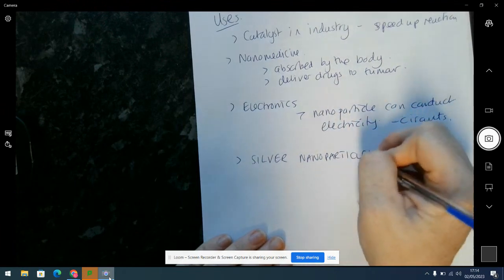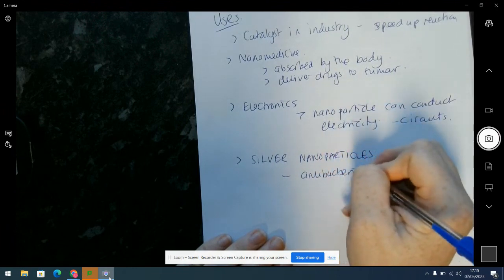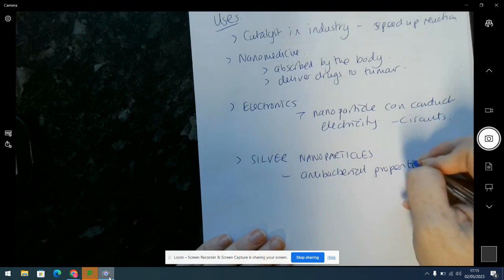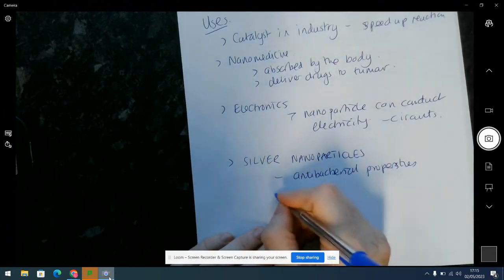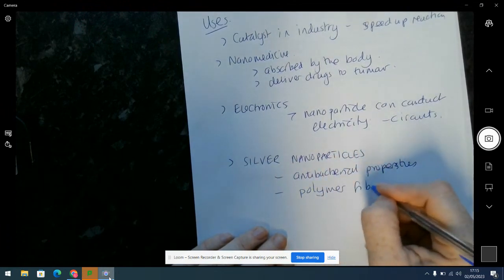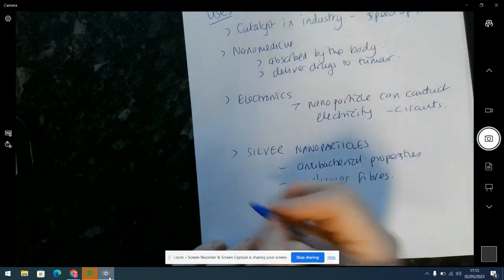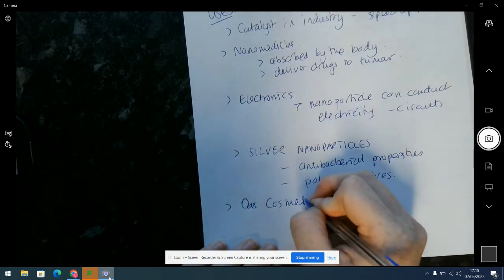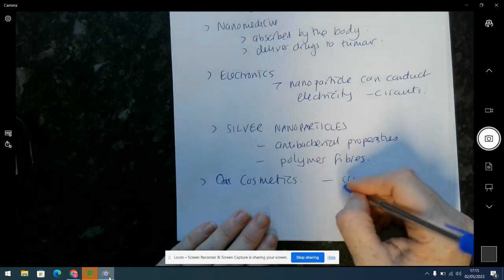And you need to know that they have what's called antibacterial properties. So in other words, they're used to kill bacteria. We can also use them for polymer fibers, really strong molecules. They're also used nowadays in cosmetics. And I've even seen them used, well, they are used in sun cream.